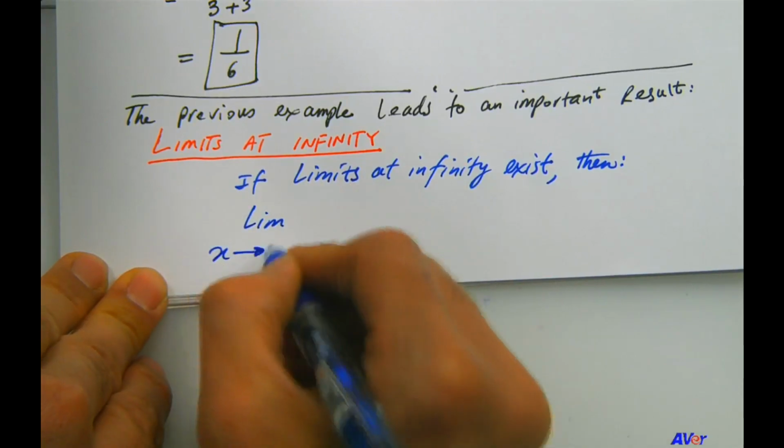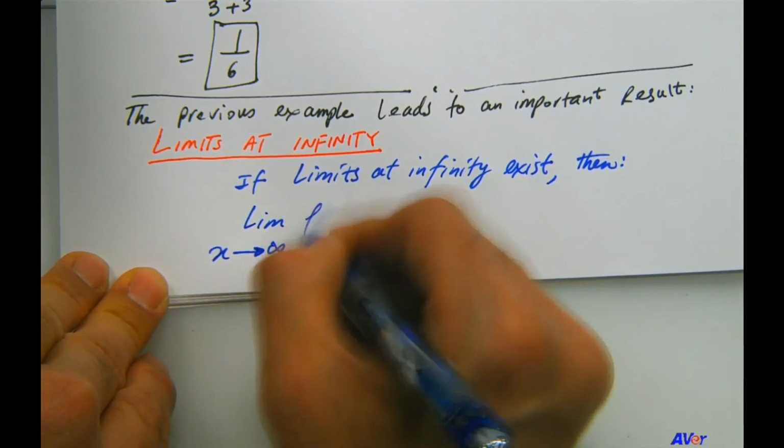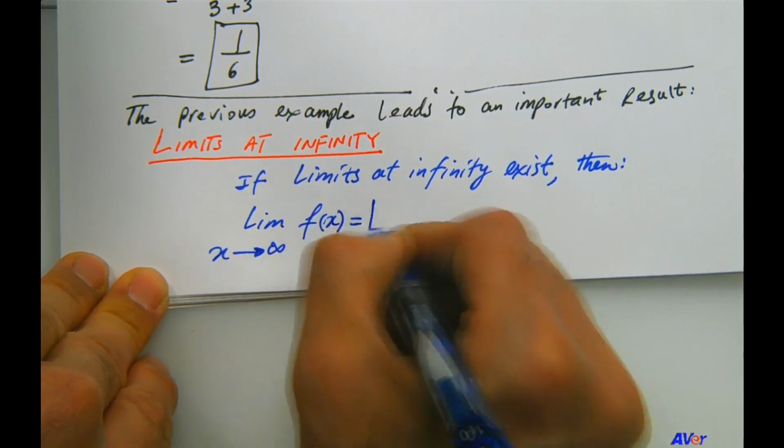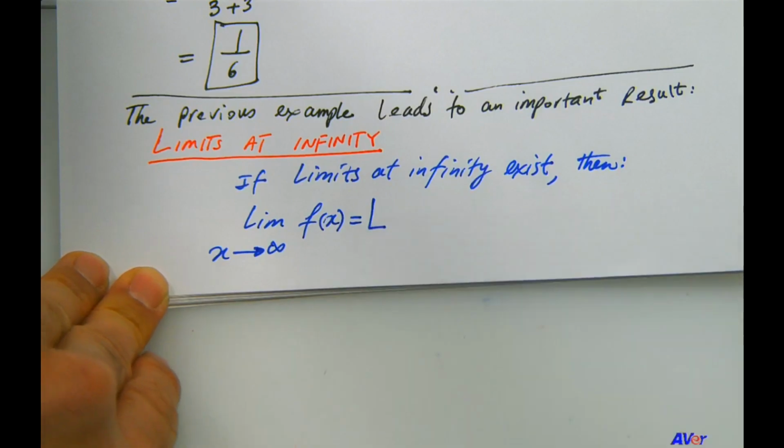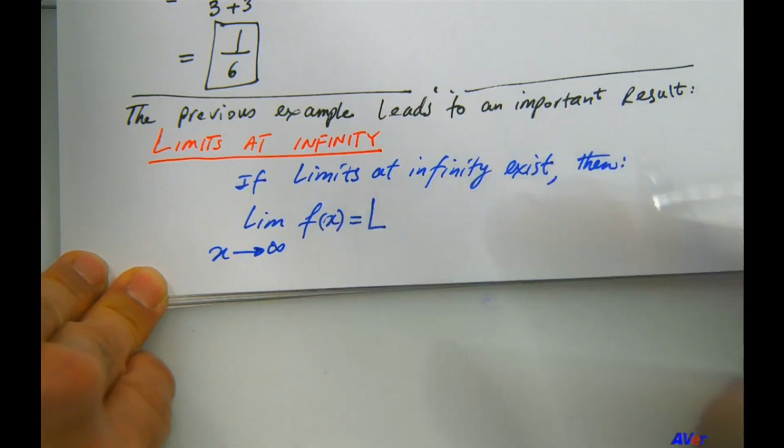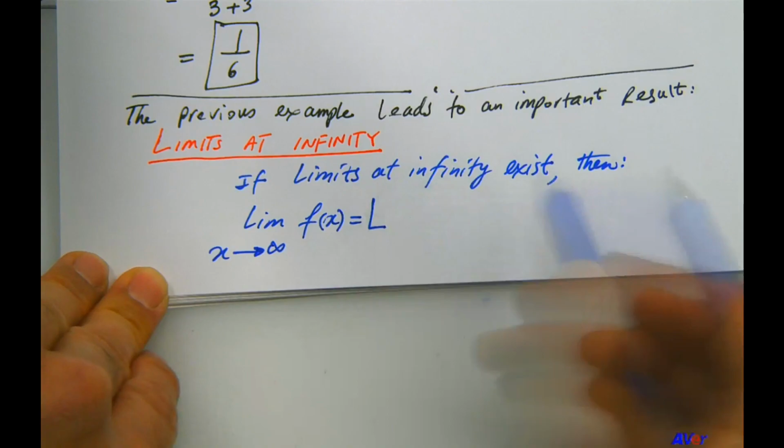The limit as x goes to infinity of f of x, let's say if it exists, then let's take it as a general value L. L can be anything, but the assumption is that the limit exists at infinity.